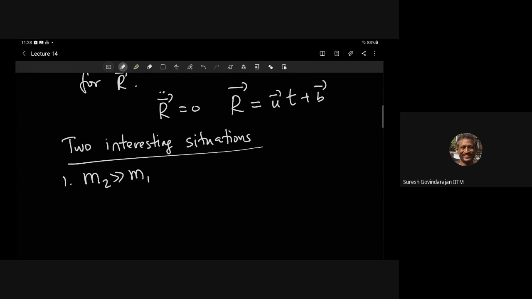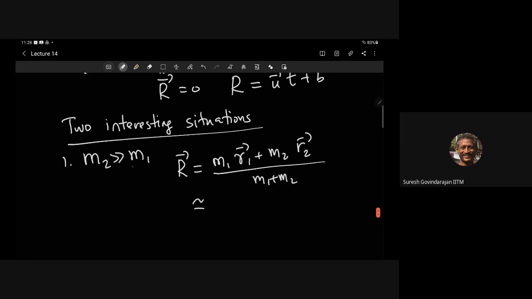And if you look at what R should be, and you take the limit, so what does this say?